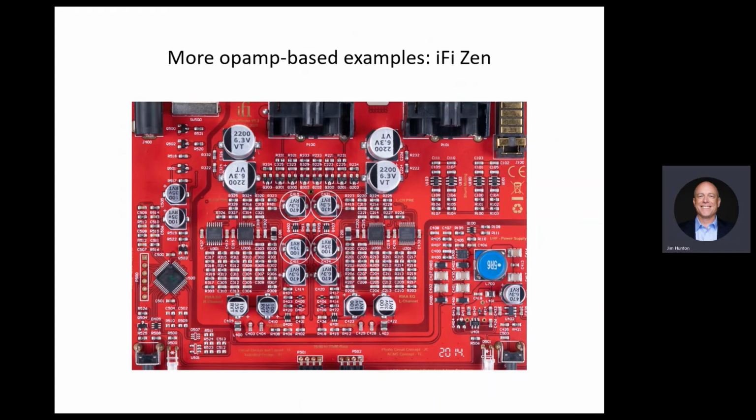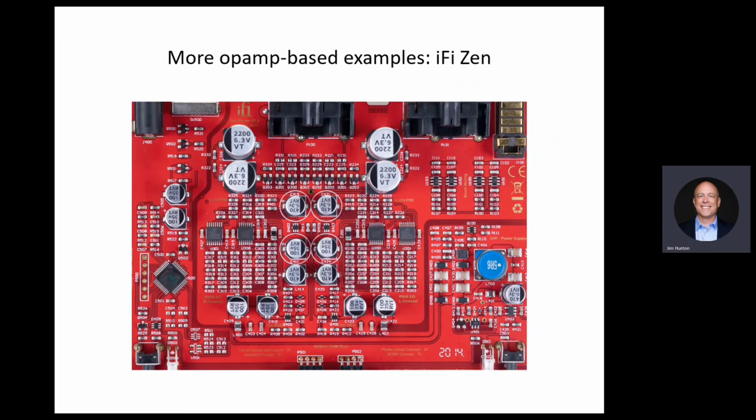However, the company that owns iFi is AMR. AMR has a few Phono stages. They don't use switch mode power supplies. Tells you something about it. They cost also a lot more. So these are examples of op amps, different varieties, different compromises.